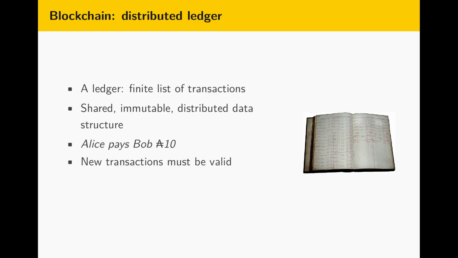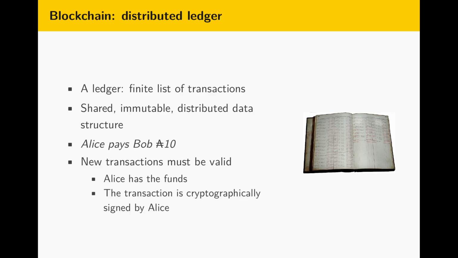Whenever a new transaction is added to the ledger, the network of the blockchain first has to validate the transaction. This includes a few checks. First, Alice, of course, has to have the funds to pay, and the transaction has to be cryptographically signed by Alice. Now, when a blockchain supports smart contracts, this allows for an additional entity to be part of these kinds of transactions.